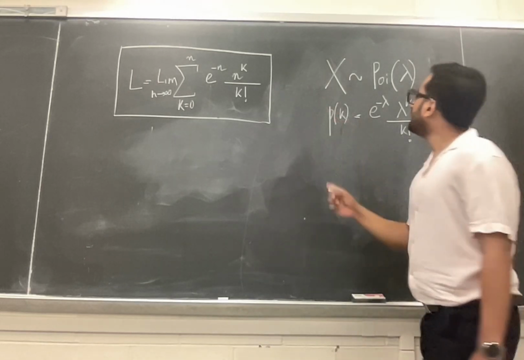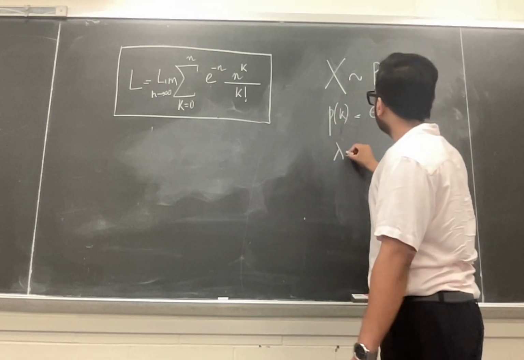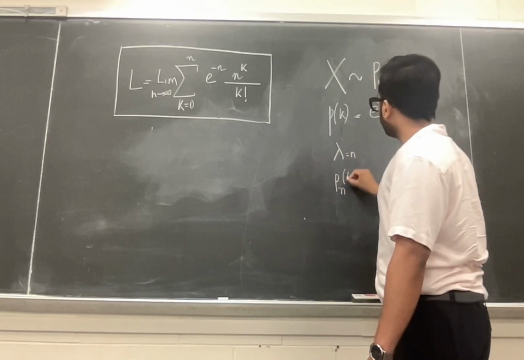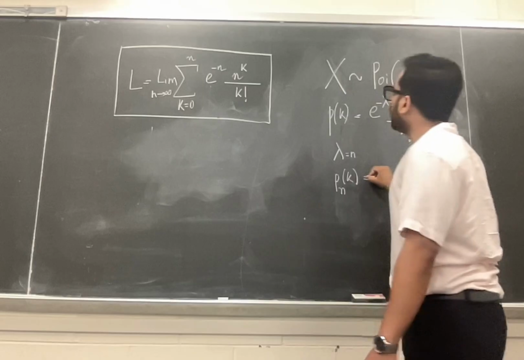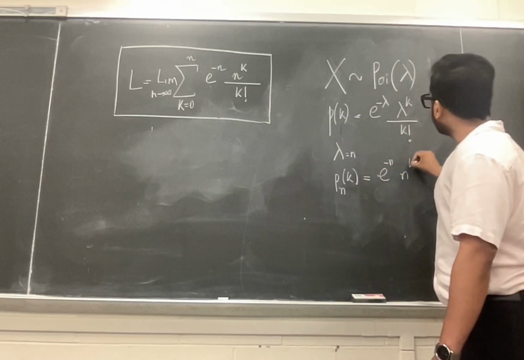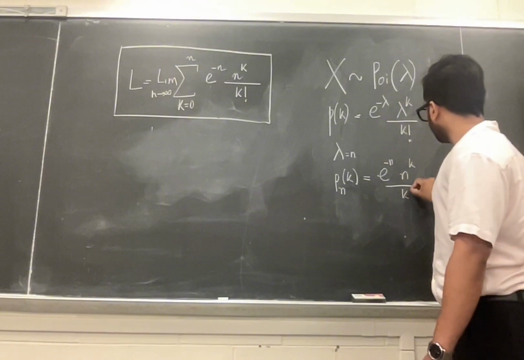So if you put lambda equal to n, you get P of n, k is equal to e to the power minus n, n to the power k by k factorial.